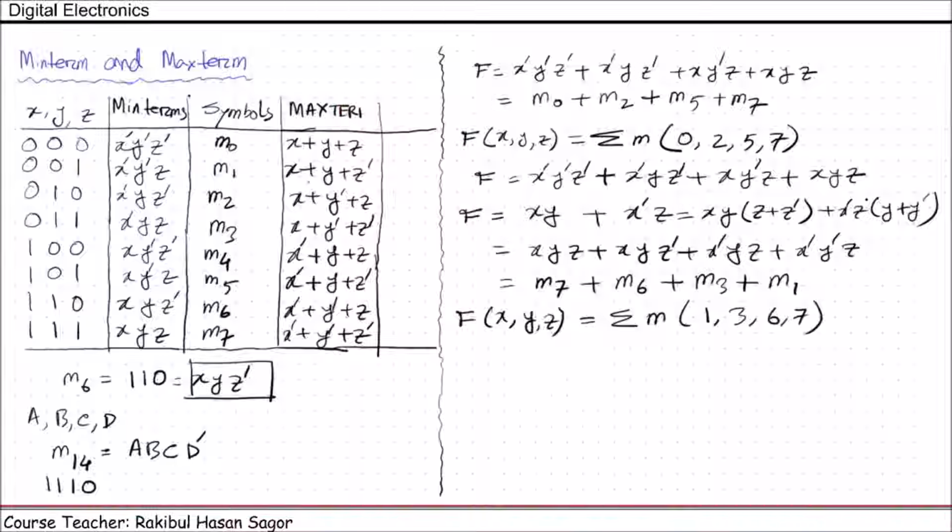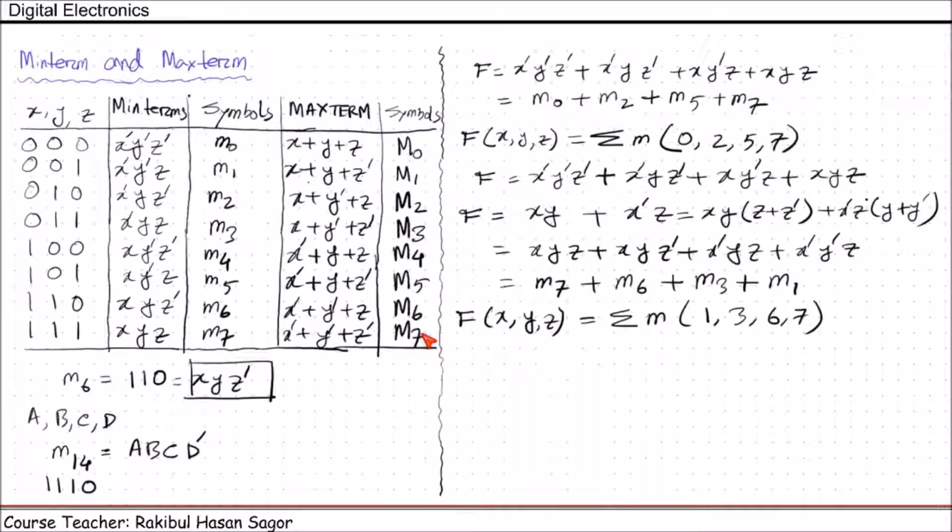Next, the symbols. The symbols are represented by using capital M, and the positions are written here. M0 is the corresponding Maxterm for 0 value. M1, M2, M3, M4, M5, M6, M7. So these are the Minterms and Maxterms for 3 variables.